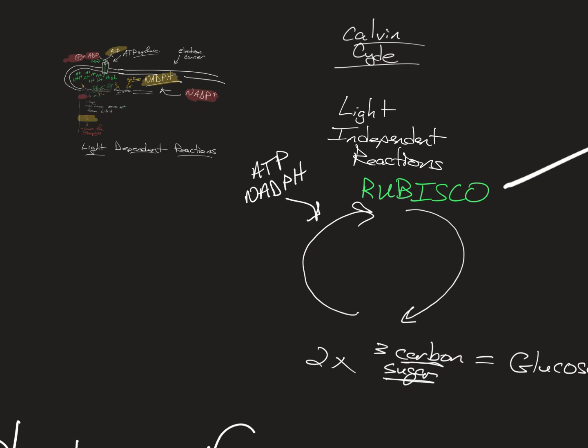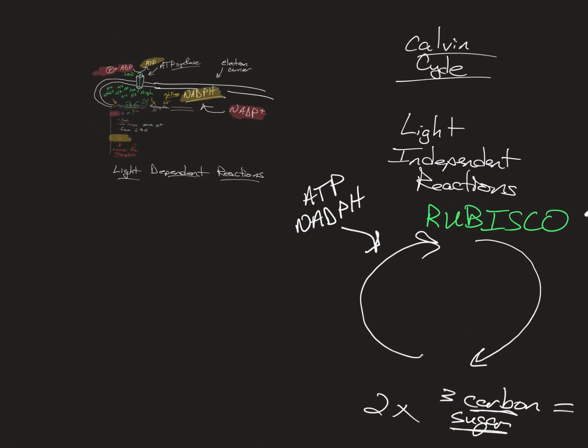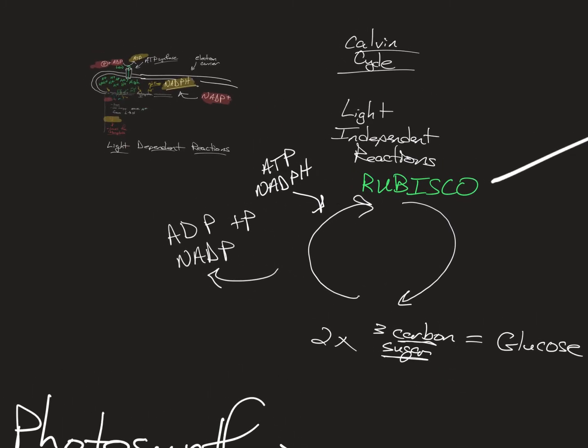We'll look at where when you read your chapter. So ATP and NADPH is coming here. And of course, out comes what? What's going to come out? NADP plus and ADP plus phosphate, right? And of course the carbon. We're good? That's what's going to come out. Where's this ADP, phosphate, and NADP plus going?